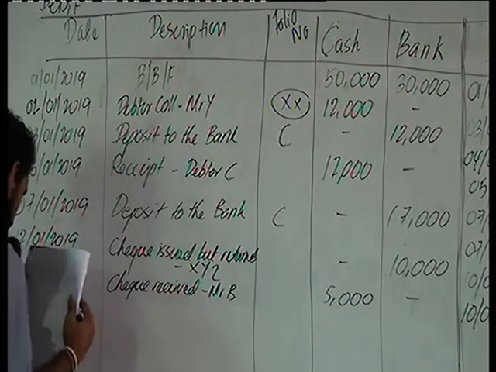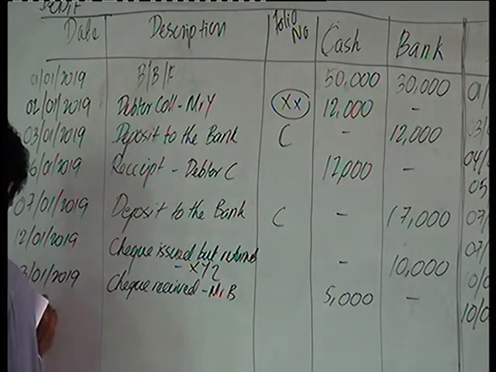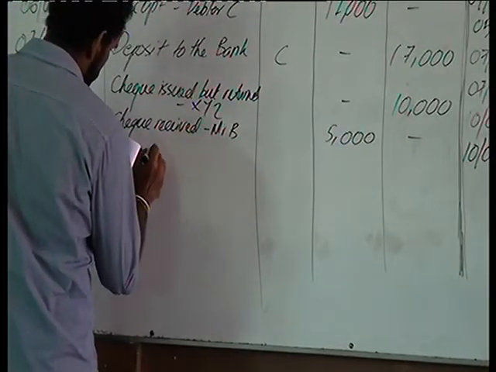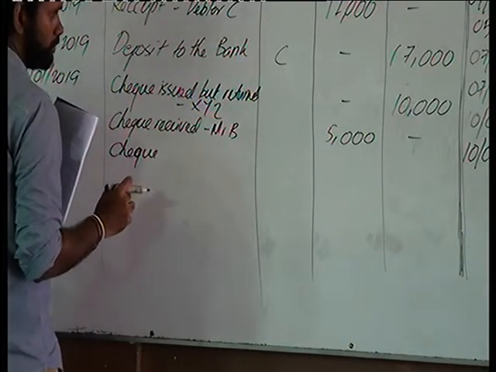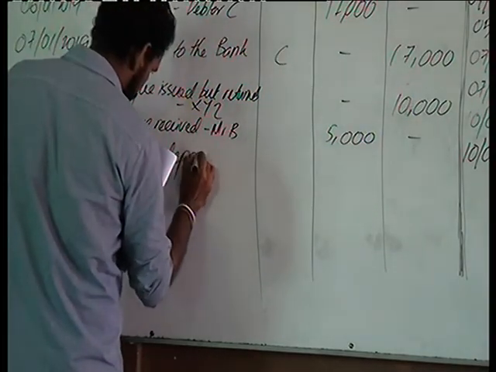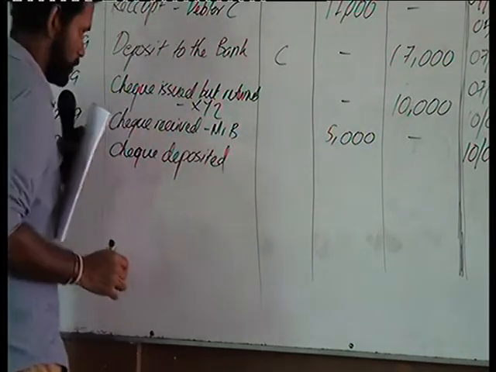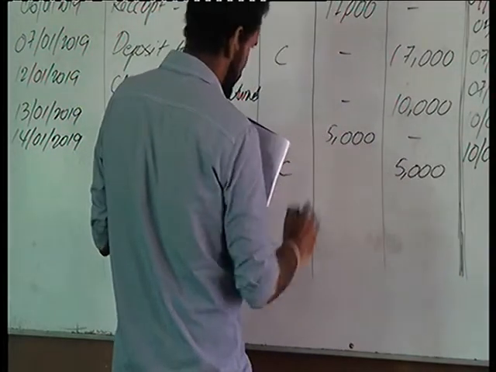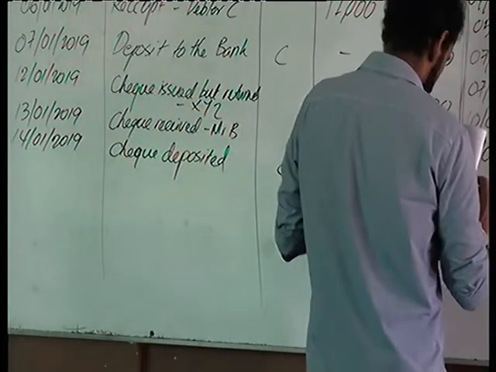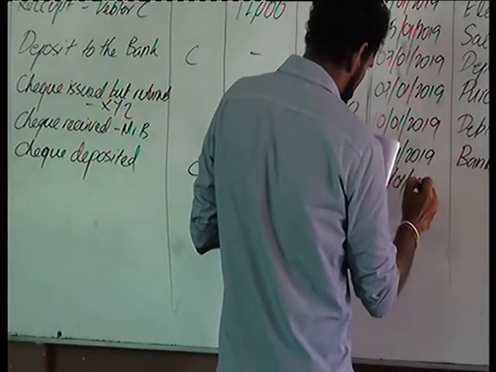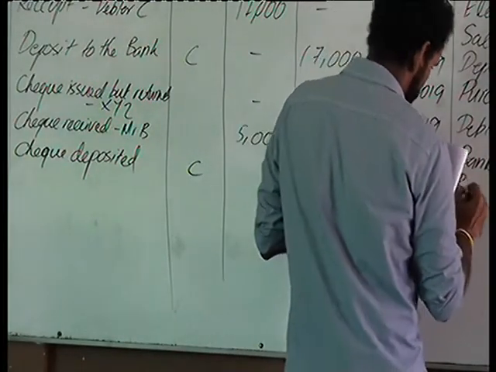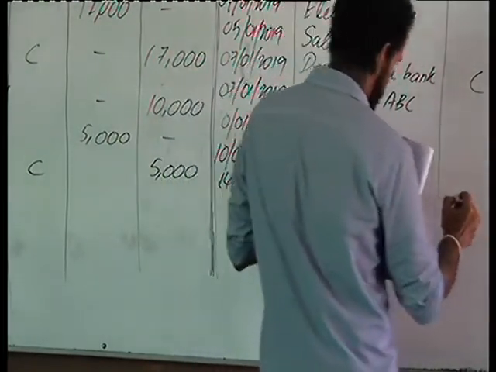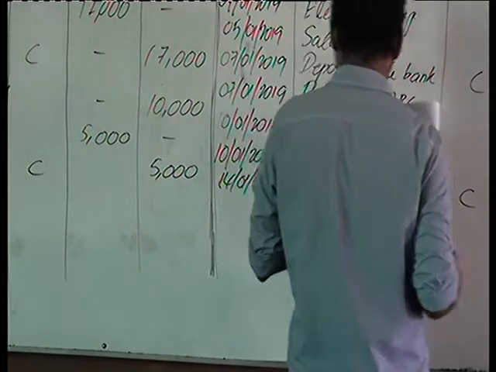And then you can see on 14th January 2019, the check should be first deposited to the bank. Check should be first deposited to the bank. This is going to be a contra entry, and on the 14th January 2019, this is bank deposit of 5,000.